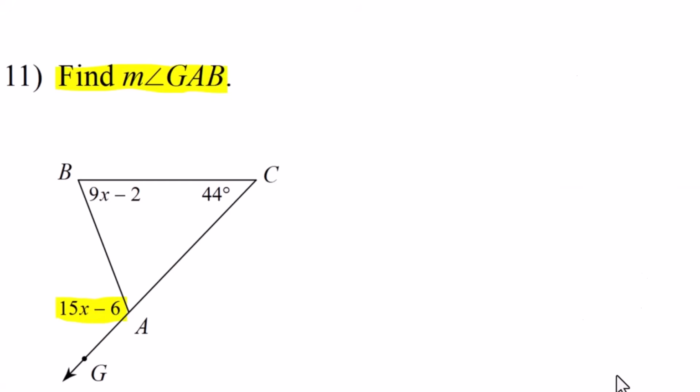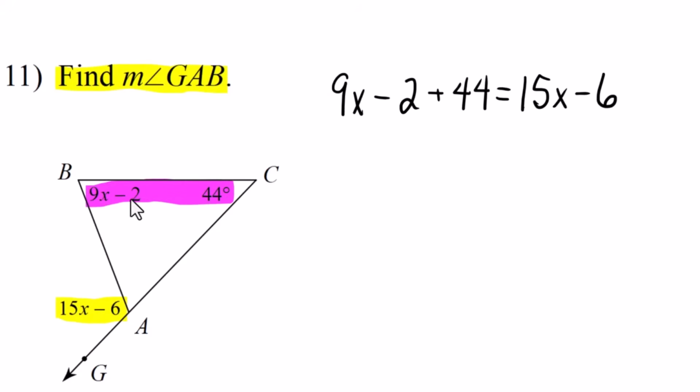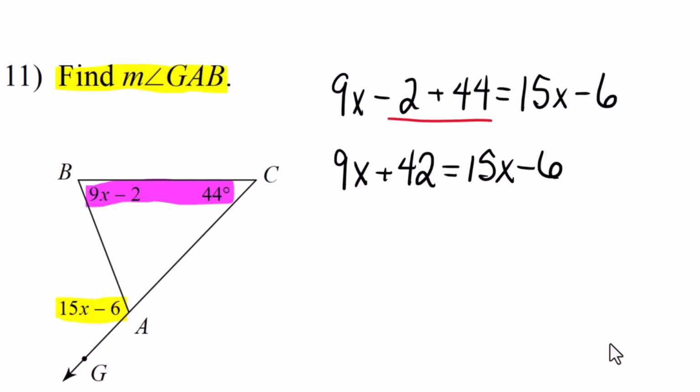Number 11. Now we need to find the actual size of that exterior angle. So 9x minus 2 plus 44. Put those together and set that equal to the 15x minus 6. Do the numbers again. 9x plus 42 equals 15x minus 6.